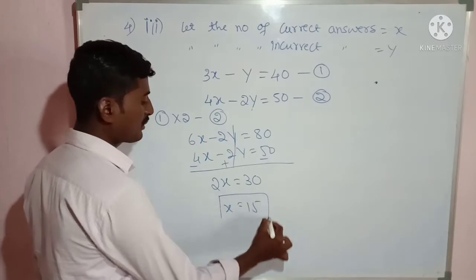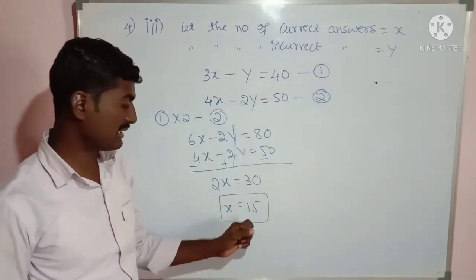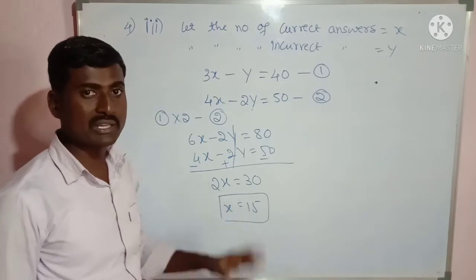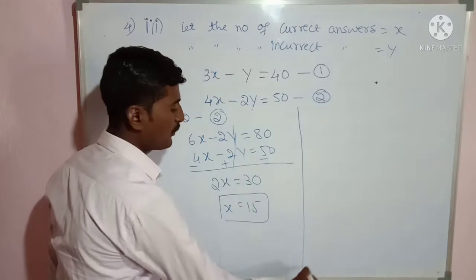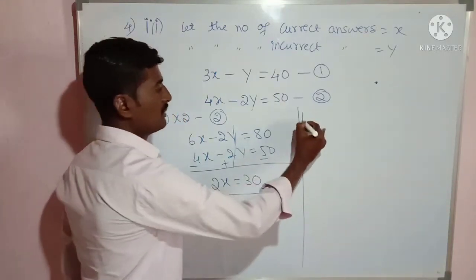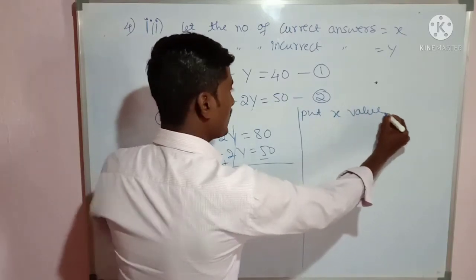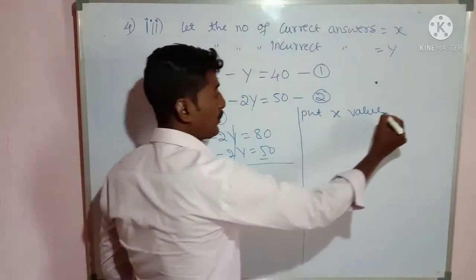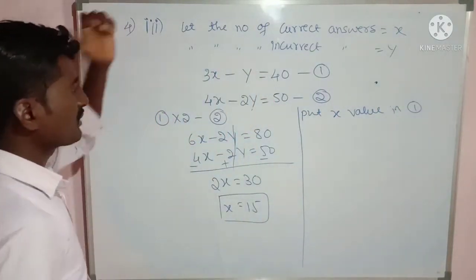So x is nothing but the total number of correct answers. That is x equal to 15. 15 correct answers are there. Now we have to find the value of y by substituting x in 1 or 2. Put the x value in equation number 1.